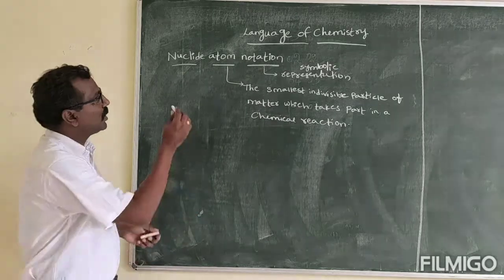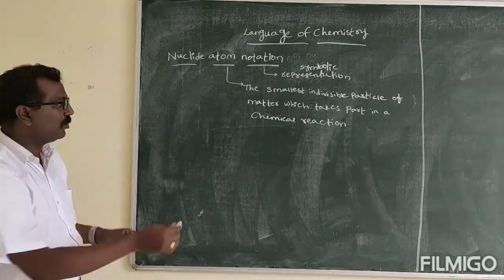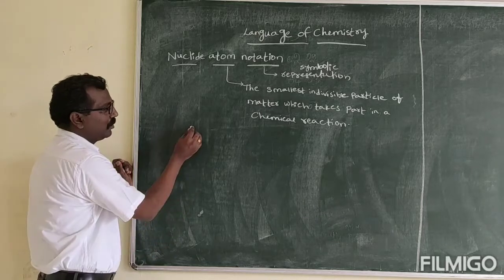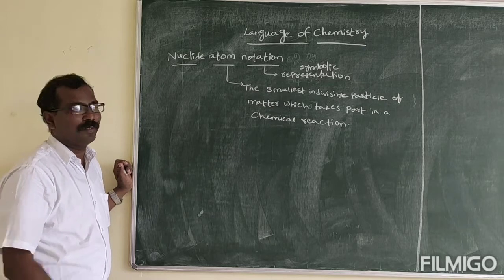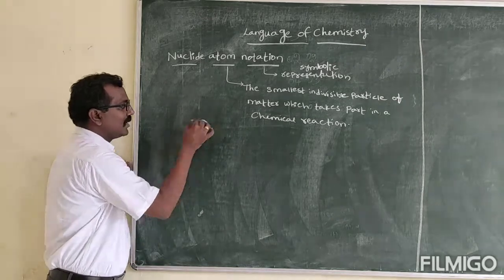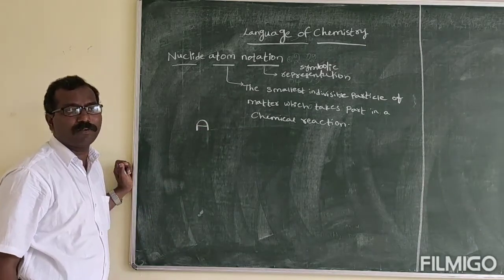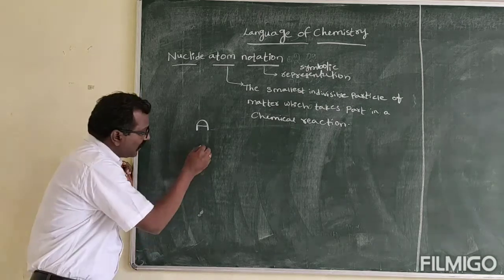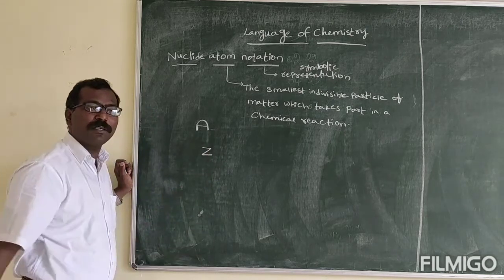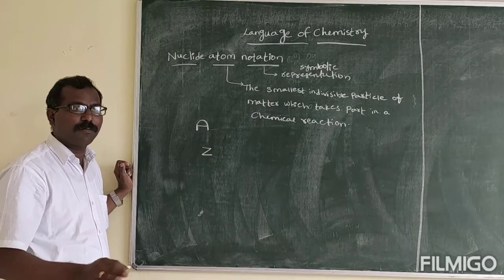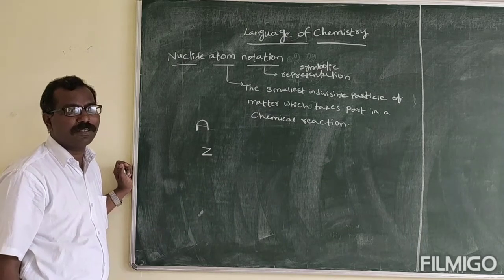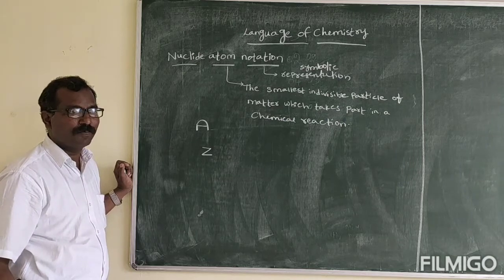Now when it comes to chemistry, nuclide atom notation, the first letter in English alphabet is what? A. The last letter in the English alphabet is what? Z. Any unknown thing in mathematics, how you will represent it with what symbol?